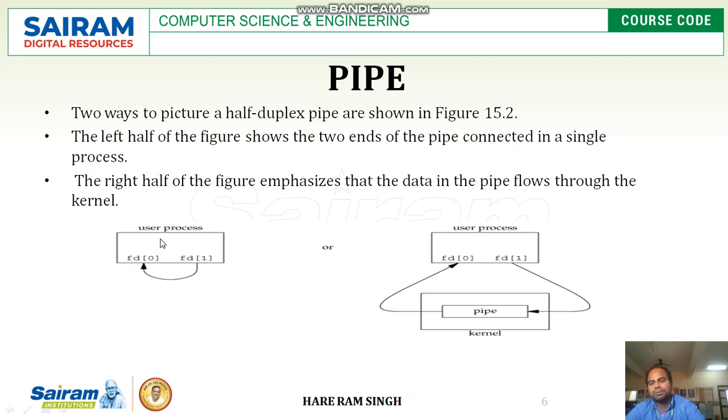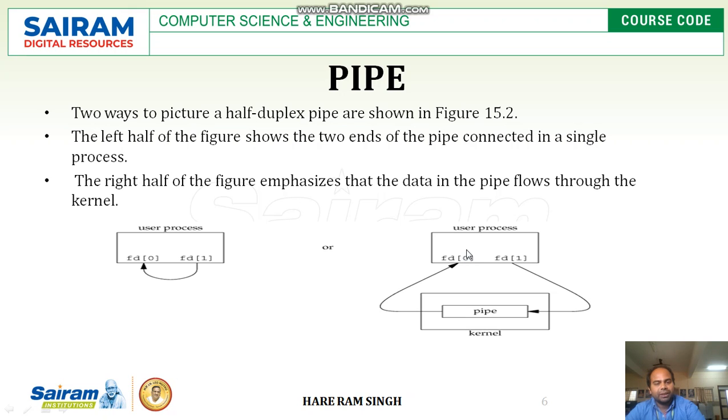Now let us see two pictures here. A process has created a pipe. The pipe returns two file descriptors, fd0 and fd1. If the process wants to read the data, it will use fd0, and if it wants to write the data into the pipe, it will use fd1. But this is happening in only one single process, so it is not so useful, because IPC is used to establish communication between two processes.